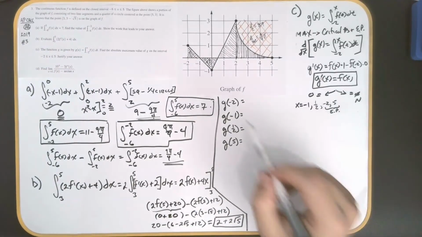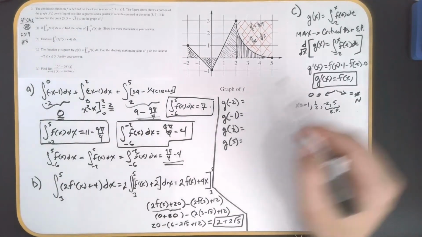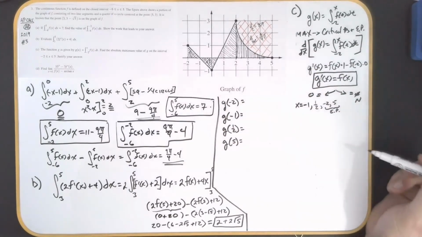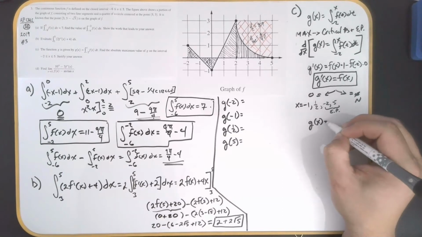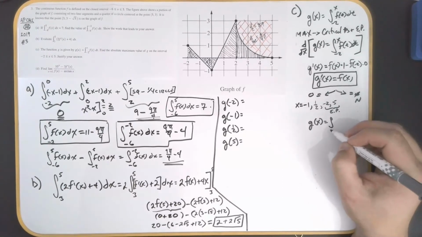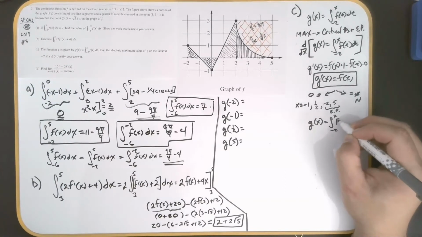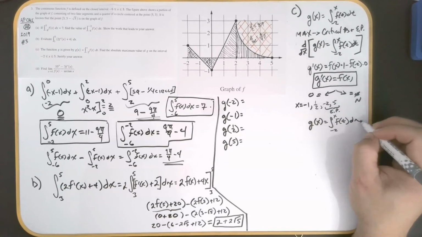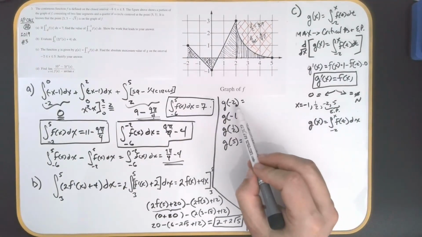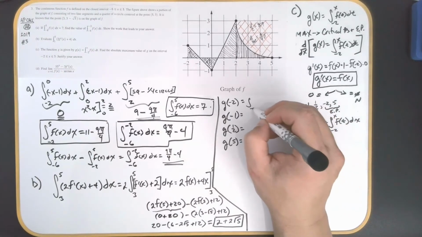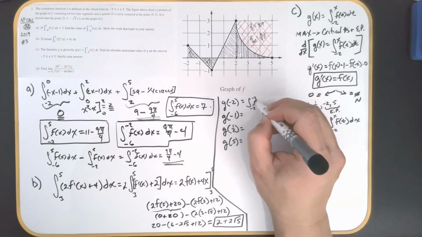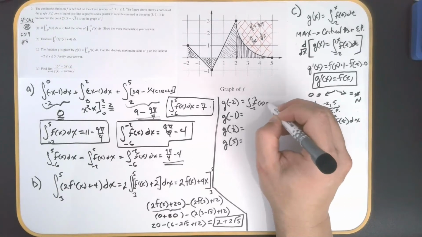Okay, so if we put in negative 2, our formula is up here, which was given in the problem, and I'll put that right here again. Remember, g of x is equal to the integral from negative 2 to x of f of t dt. So it's a pretty simple integral here. If we do g of negative 2, my integral is going from negative 2 to negative 2 of f of x dx.